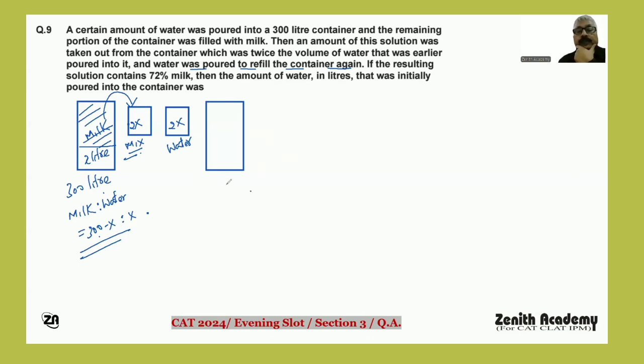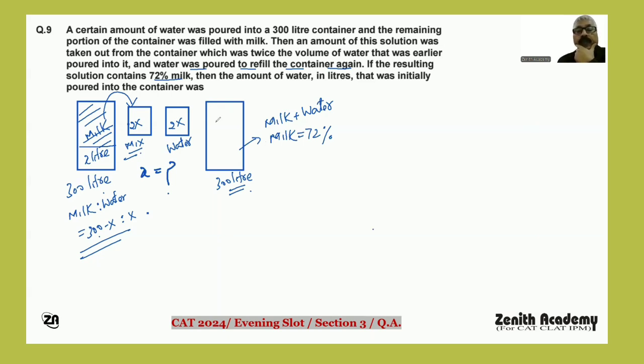It is given that the resulting solution contains 72% milk. Then the amount of water in liters that was initially poured into the container, that is x, is what we have to find in this question.